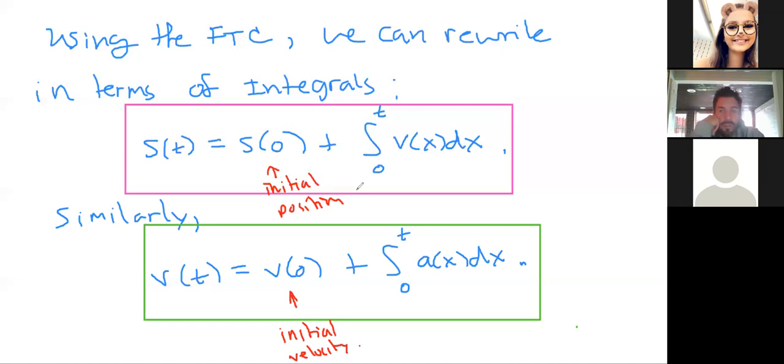What these equations are saying is if you know how an object is moving, which speed it's moving, you can predict where it's going to be at any given time. Does anybody have a question or a comment?